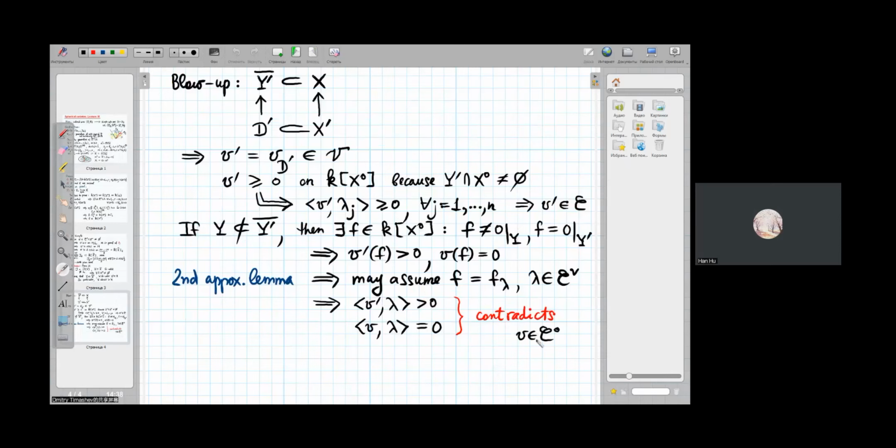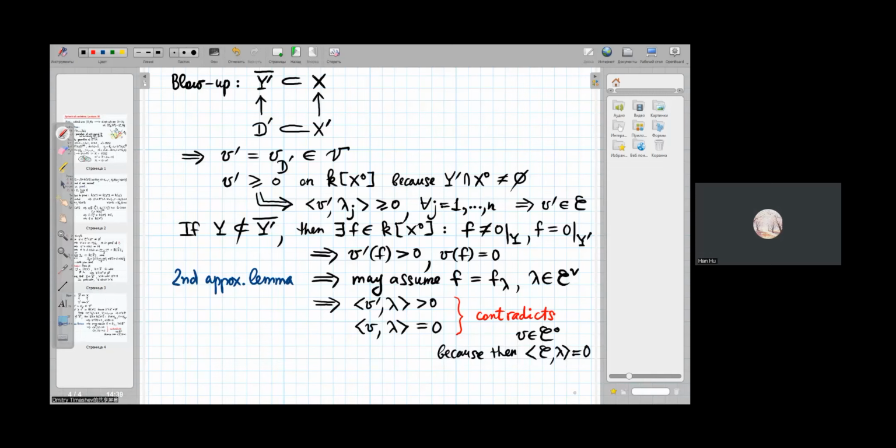It contradicts because, as I said, the pairing of the whole cone C with lambda should be 0, and this is not the case.